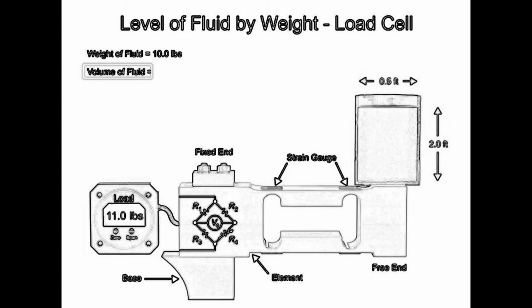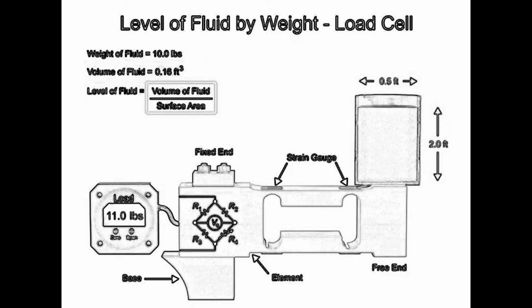The volume of the fluid is then derived by dividing the fluid weight by the density of the fluid. The level of the fluid is finally calculated by dividing the volume of the fluid by the surface area.